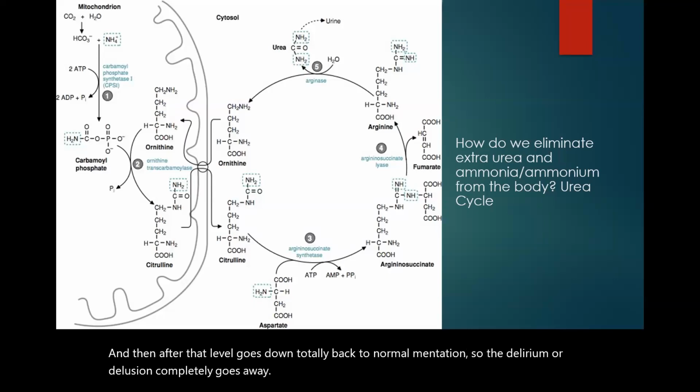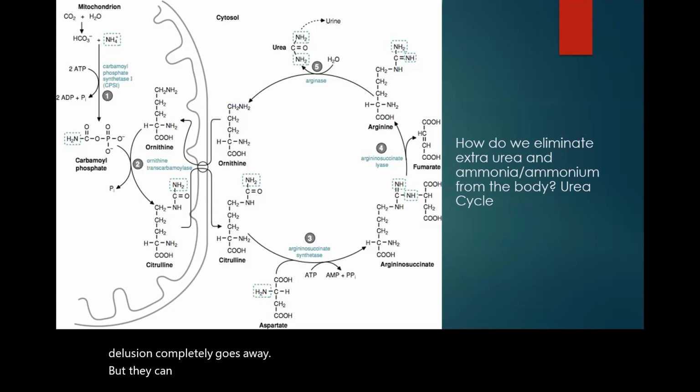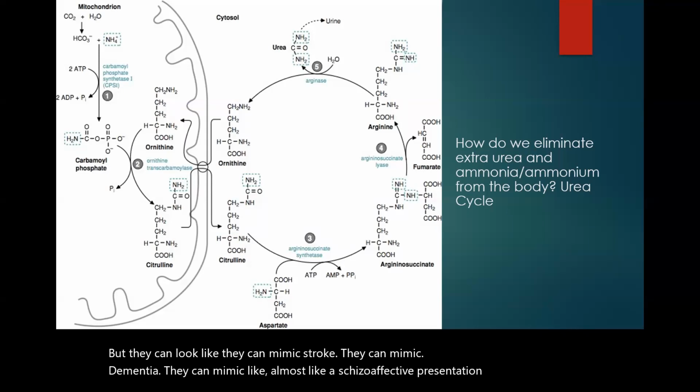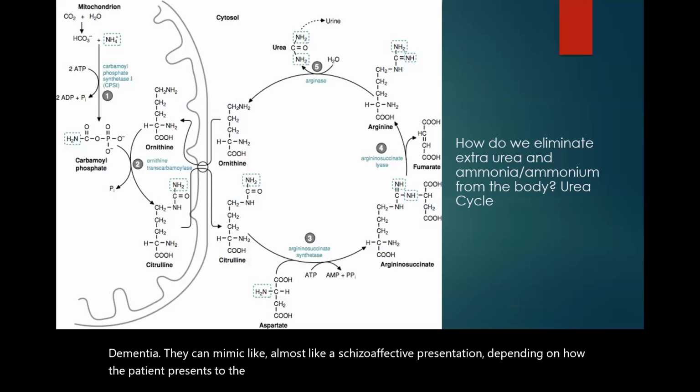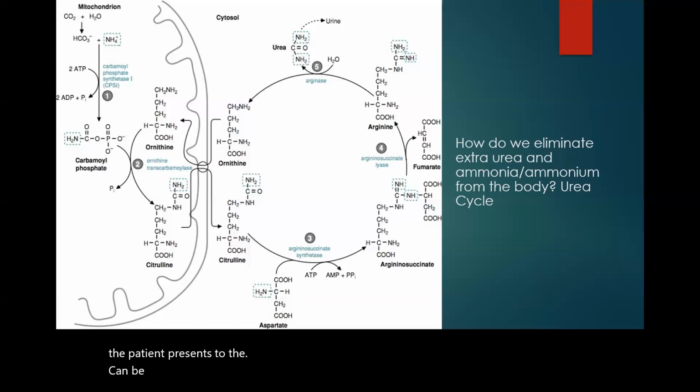But they can mimic stroke, they can mimic dementia, they can mimic almost like a schizoaffective presentation, depending on how the patient presents to the ER. It can be fast, within hours, days. That can happen, and it can lead to that severe hepatic encephalopathy quickly.